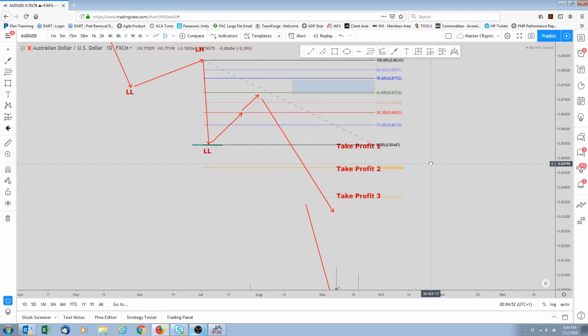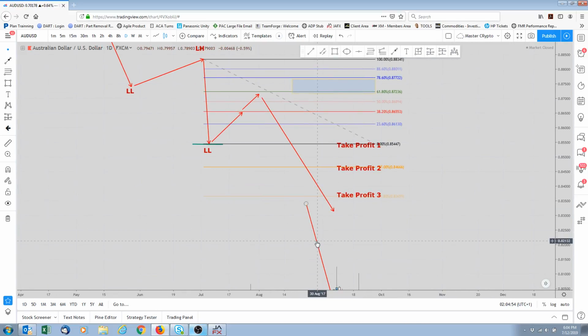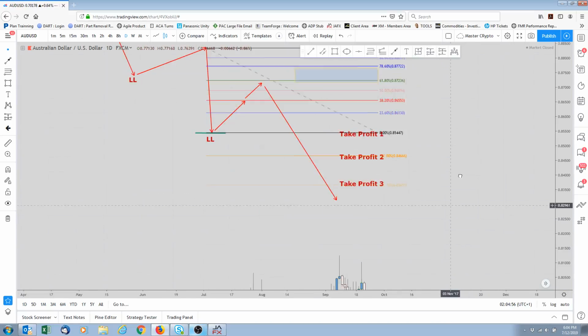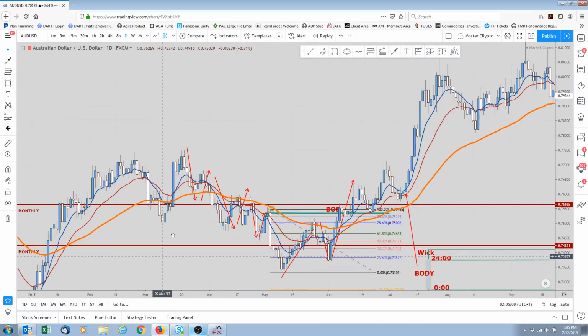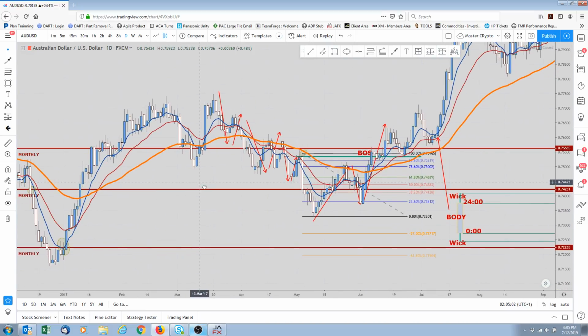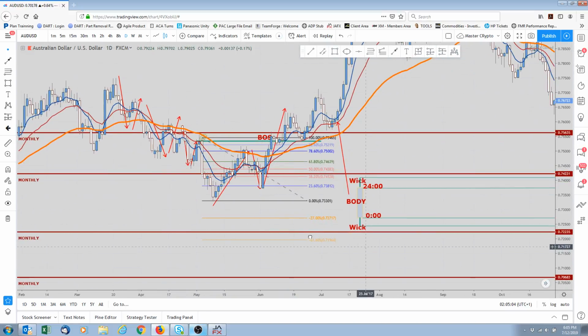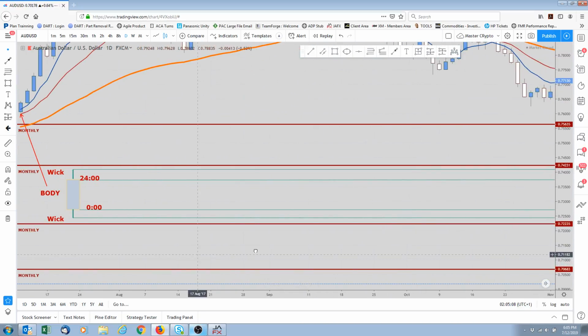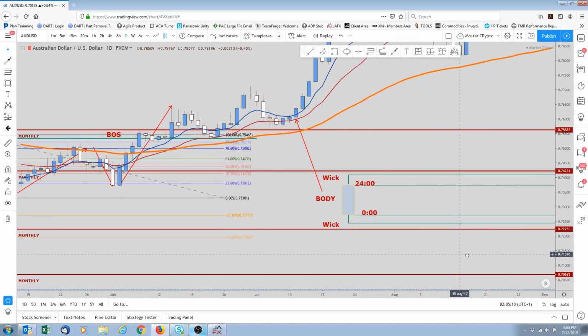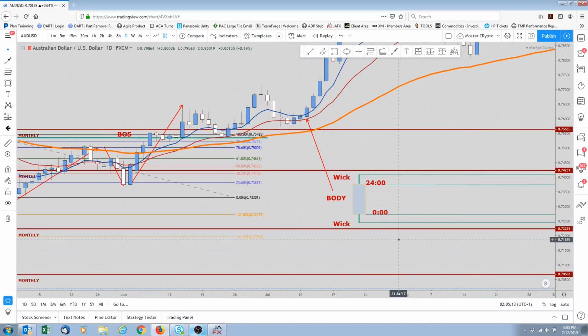So now I'm going to show you what this looks like on the charts, so you can visualize what I'm talking about. Let me just show you this first, which I drew out here. A candlestick, actually.